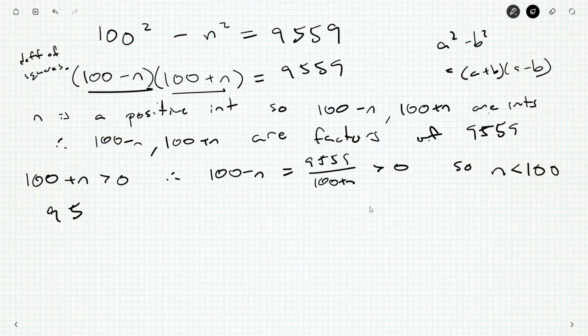Okay. So this is going to be pretty important. Now, 9,559, I haven't a clue what the factors are there. So let's figure some of them out. It's not going to be divisible by 3 or 5, but maybe divisible by 7? No, not divisible by 7. How about 11? It is divisible by 11. So it's 11 times 869.